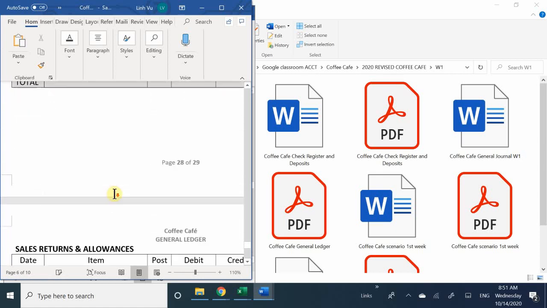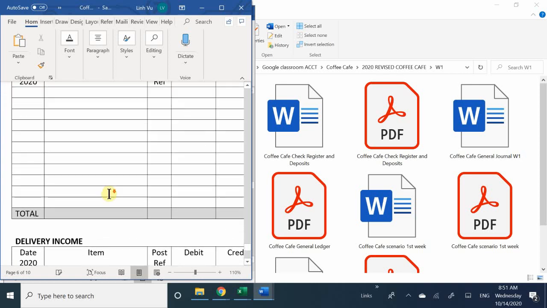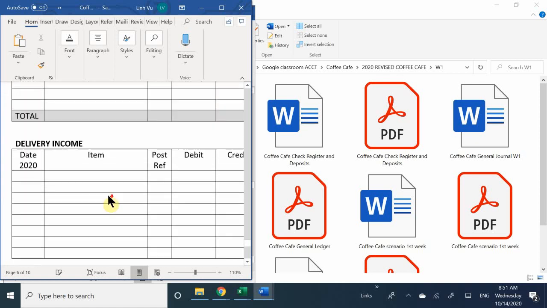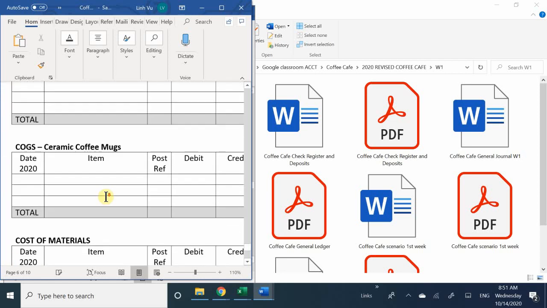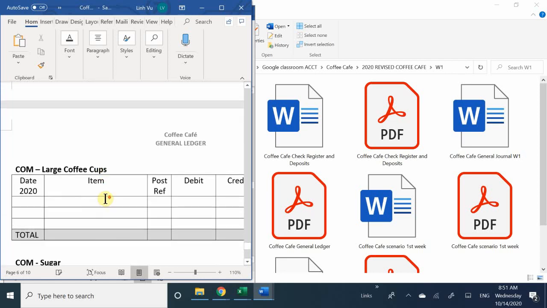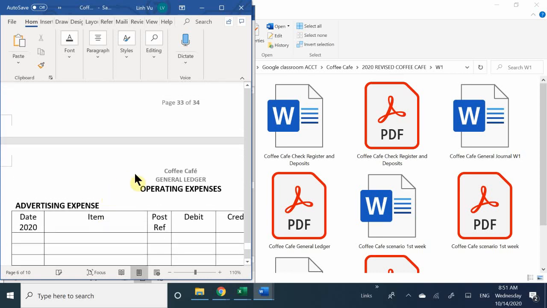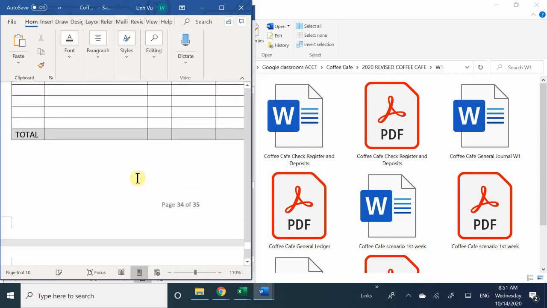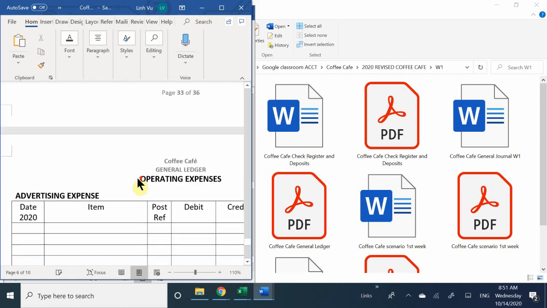Cost of goods sold. Okay, right here, advertising expense is on page 34. Okay, and yes.